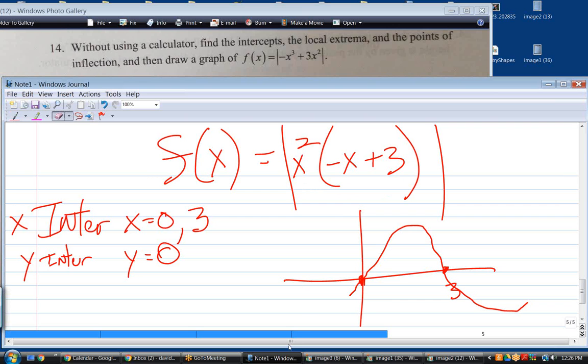So as x is negative, this is positive. So this thing looks something like this. And that looks more like a cubic function.